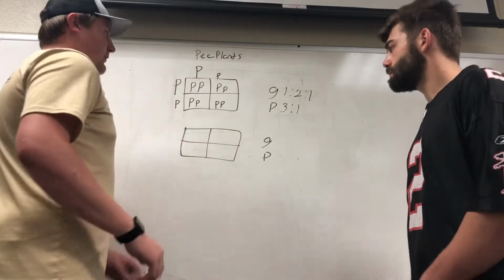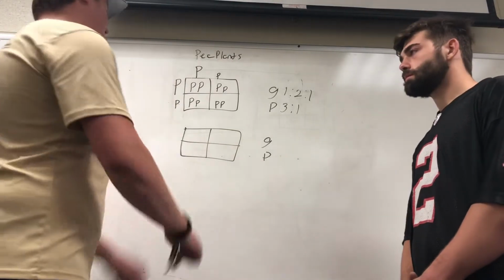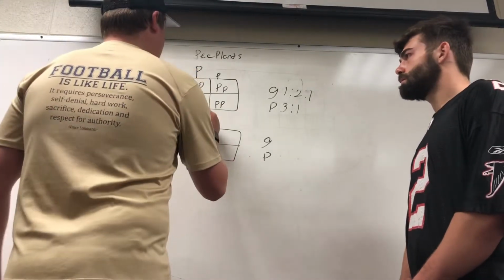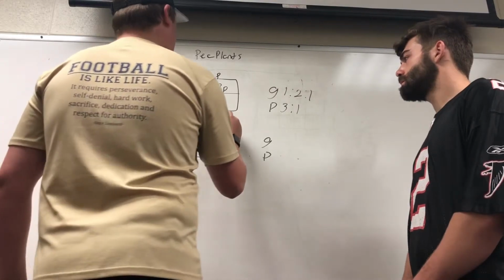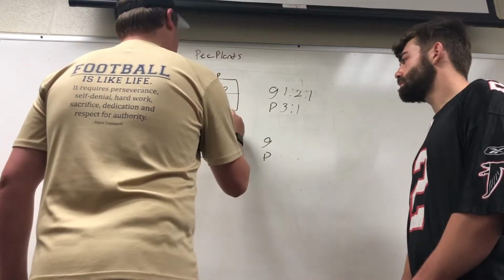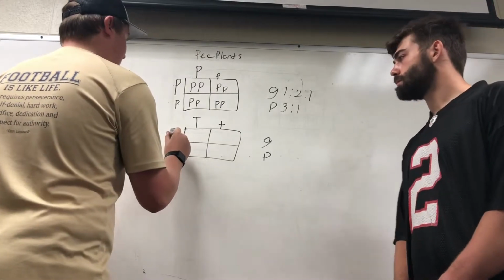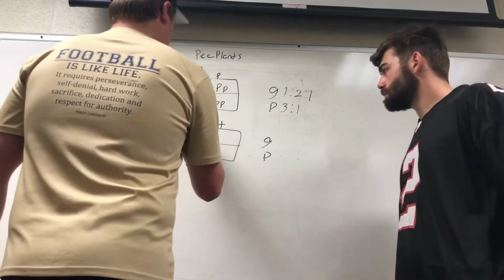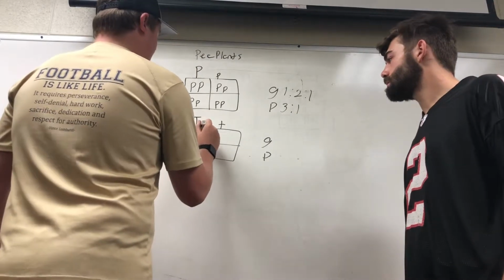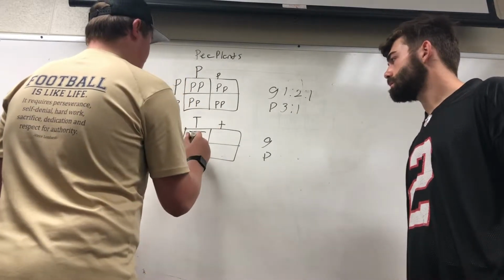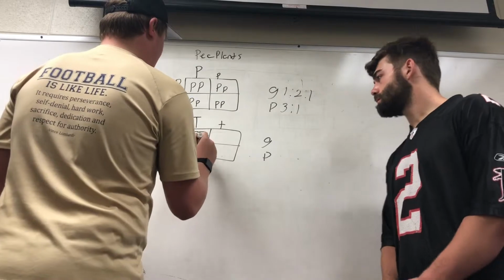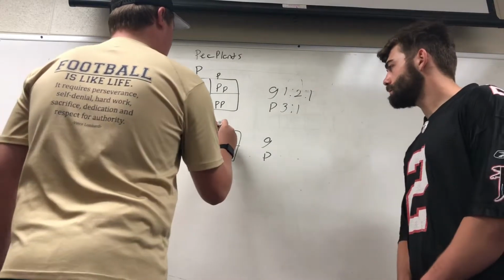Now down here, we're going to do, say, height for the pea plant. When I represent tall, I'm going to use the big T, and for short, the small t. We'll also do a heterozygous cross again. These two cross, you of course get tall, dominant, and we're going to get tall with a short.